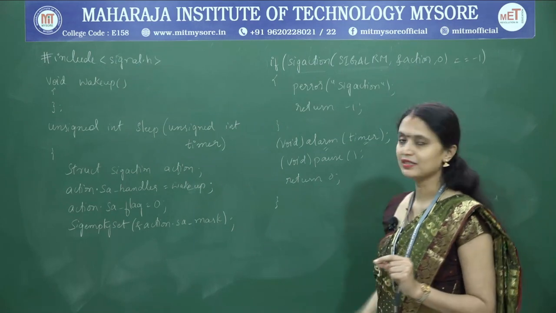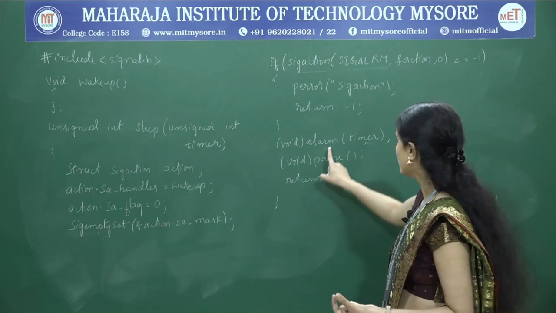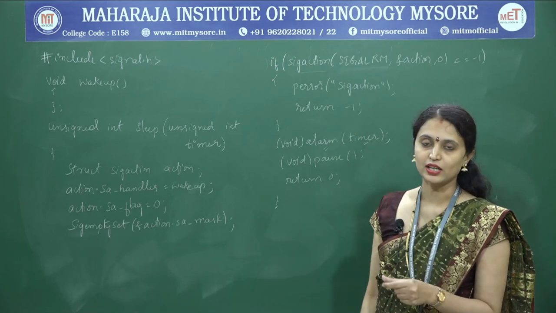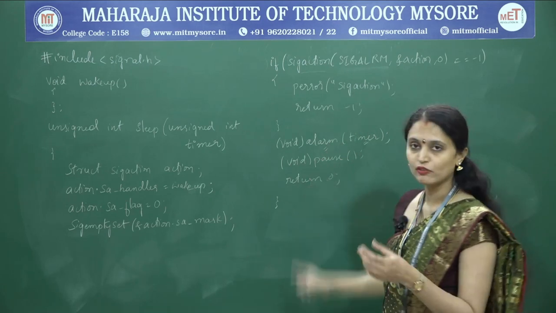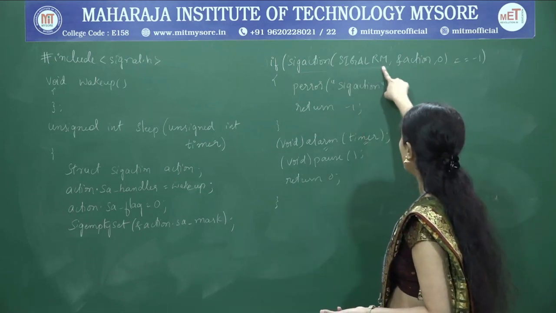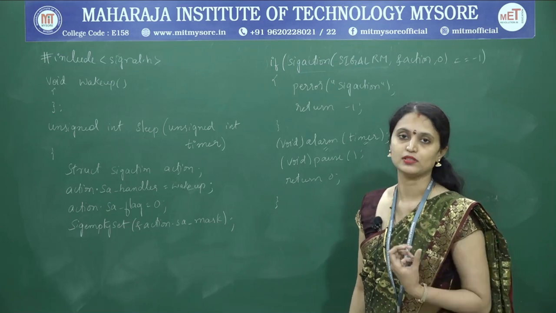Here the timer is the particular time interval after which the SIGALRM signal will be generated. In other words, this will request the kernel to send the SIGALRM signal to the process.